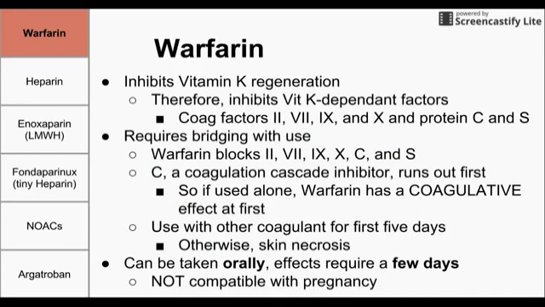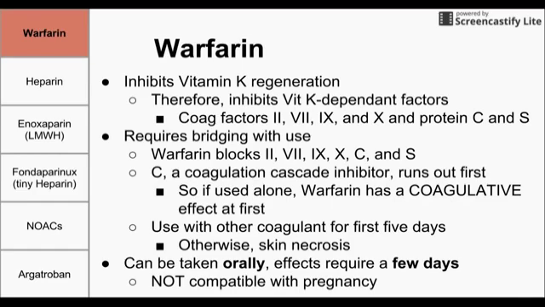In addition, warfarin also requires bridging to use. Warfarin blocks this list of coagulation factors again. And of these coagulation factors, protein C is the one that runs out first. It has a short half-life and a low concentration in the plasma, and those combined make protein C run out first.